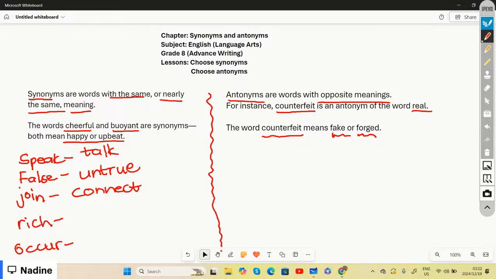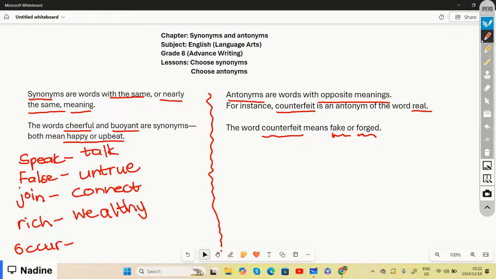Connect is a word that is the same as or almost the same as join. Another word for rich, we can say it is wealthy. So wealthy is the same as or almost the same as rich.